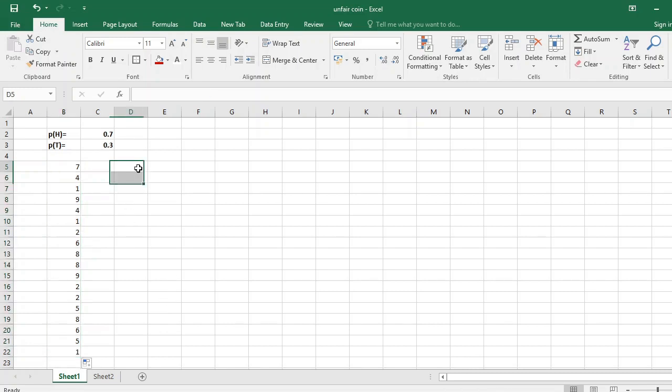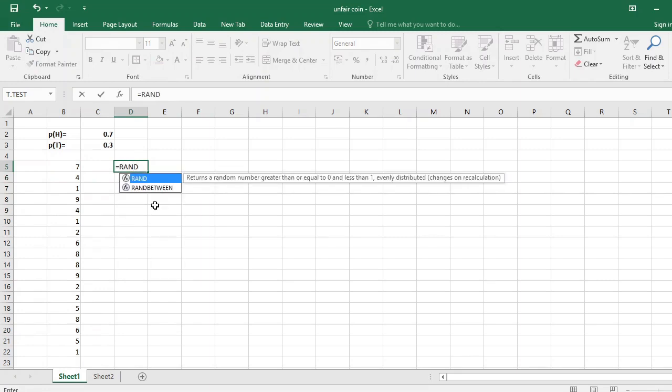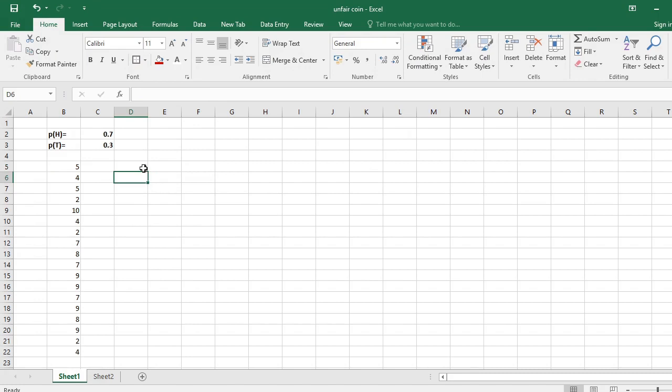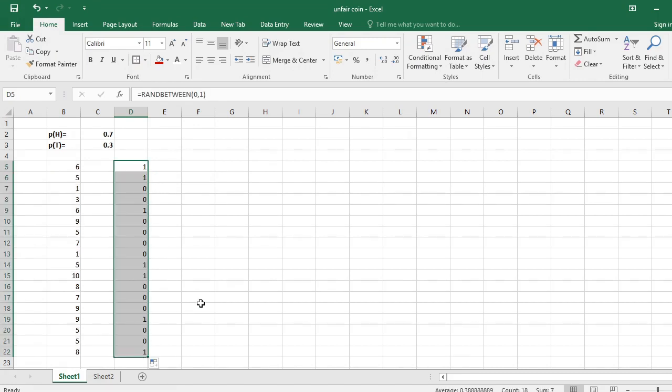Now when we simulated a fair coin, we used this function rand between 0, 1, which again generates zeros and ones, each with 50% probability of occurrence.